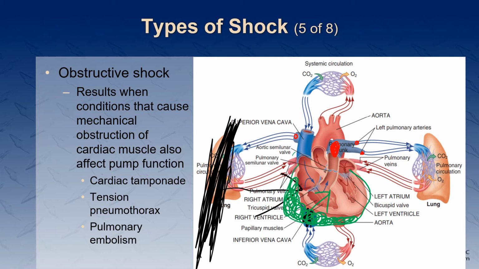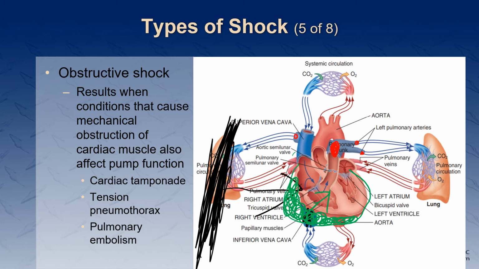So the heart tries to fill, it doesn't fill all the way. When it contracts, more fluid fills the space and compresses it more. So it's this sort of boa constrictor type deal, right? Where every time an animal takes a breath out when it's caught by the boa, it squeezes a little bit tighter, so the animal gets less air in the next time it takes a breath. That's how a cardiac tamponade ends up being fatal.